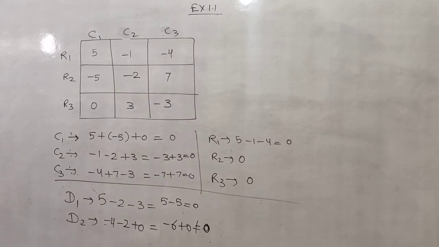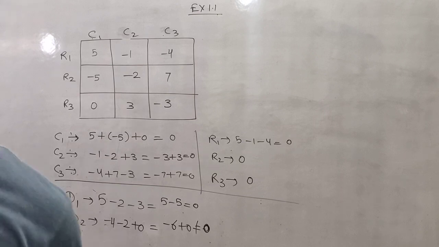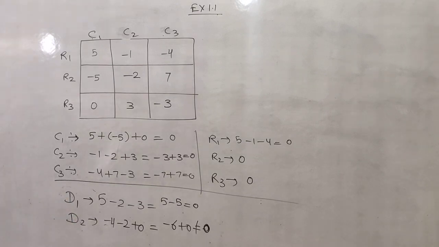So we will say that this is not a magic square. Similarly you will check for the other one, and I think that can be a magic square. Maybe, it depends. If it is not, then you will say that it is not a magic square. But in this case we are failing because of diagonal 2.